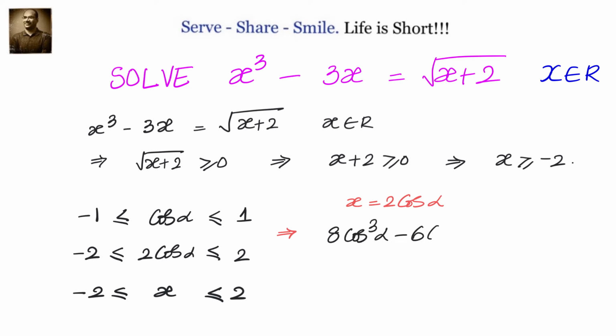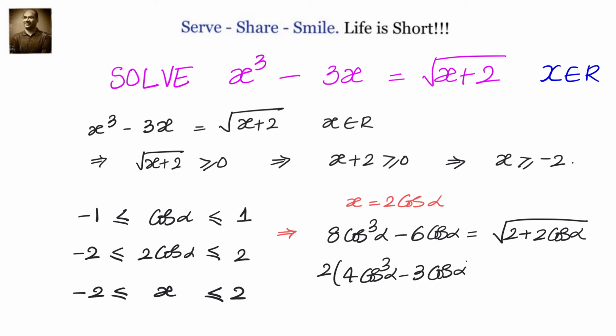We'll have 8 cos cubed alpha minus 6 cos alpha equals square root of 2 plus 2 cos alpha. Now we know 1 plus cos alpha is 2 cos square alpha by 2. So we can write the LHS as 2 into 4 cos cubed alpha minus 3 cos alpha, equals root 2 times root of 1 plus cos alpha. Since 1 plus cos alpha is 2 cos square alpha by 2, we have a root over there.